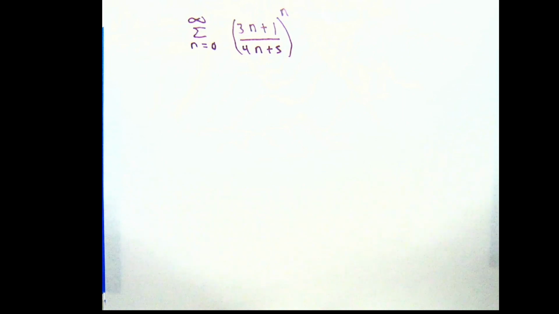For example, think of the sum n equals 0 to infinity of (3n plus 1 over 4n plus 5) raised to the n power. If I take the absolute value of each term, I'll have the absolute value of (3n plus 1 over 4n plus 5) raised to the n power.